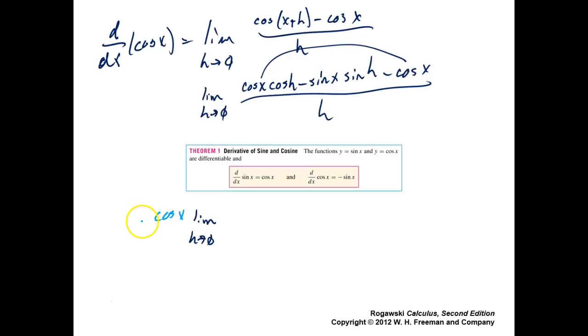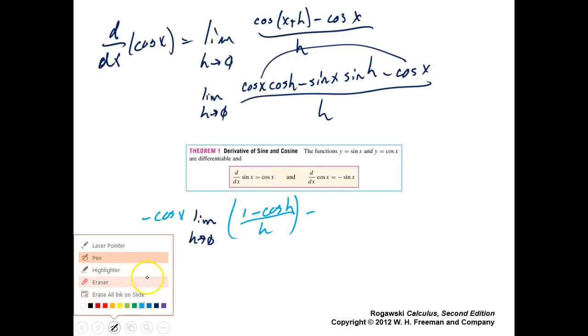Only we're going to take a negative cosine x out as well. Why not? Are we taking out a positive and negative cosine x? We're taking out the negative. So that makes the 1 be positive minus cosine h here, over h. I wish I hadn't erased the others, because that was our form, wasn't it? Yeah. And then we'll pull out on the next one negative sine x. And you want these in red? Okay.